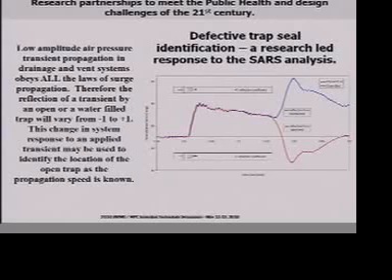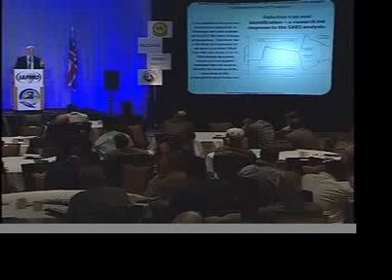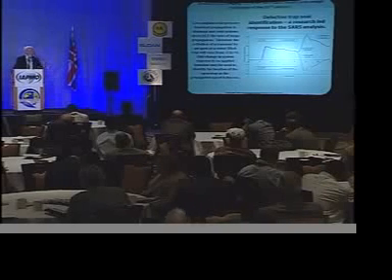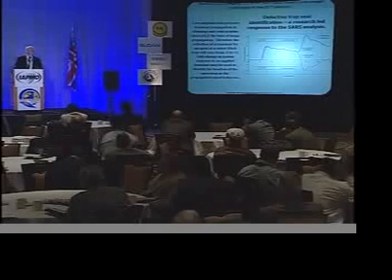So if you knew what the system was like in its perfect state, and then you took a pressure-time trace with effectively a defective trap, an open end, you would know that you had a problem.